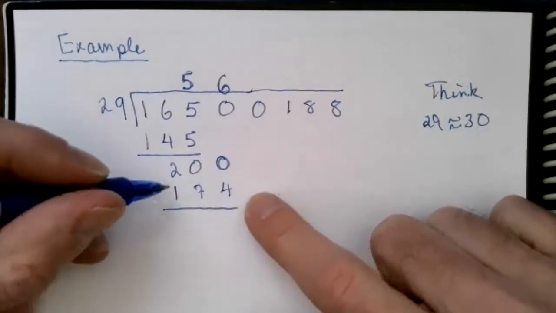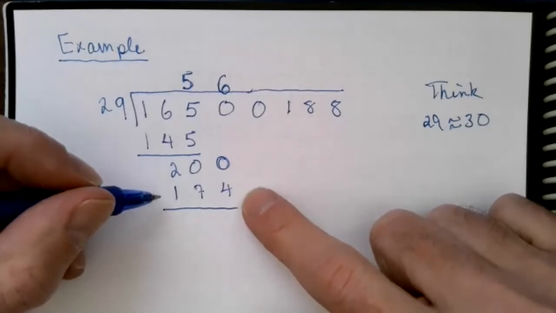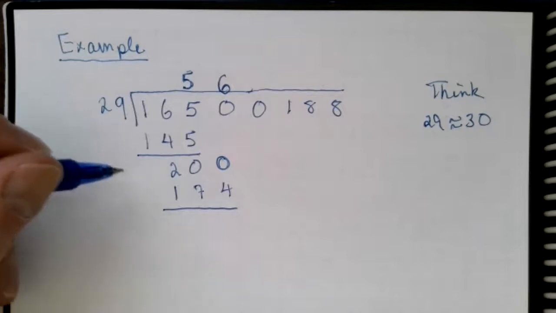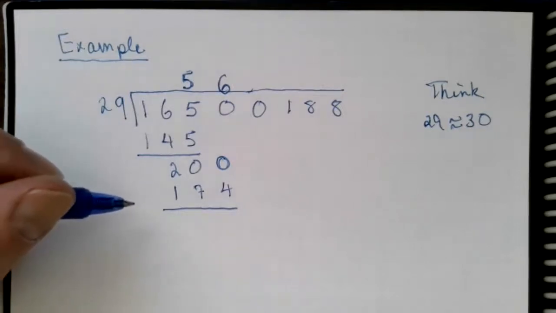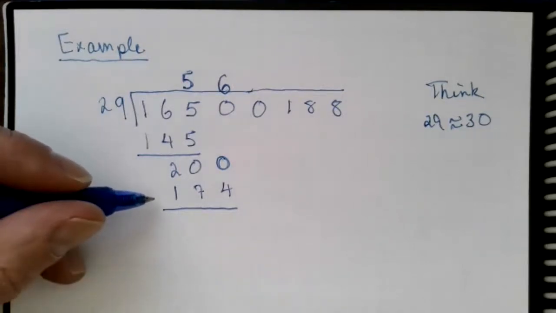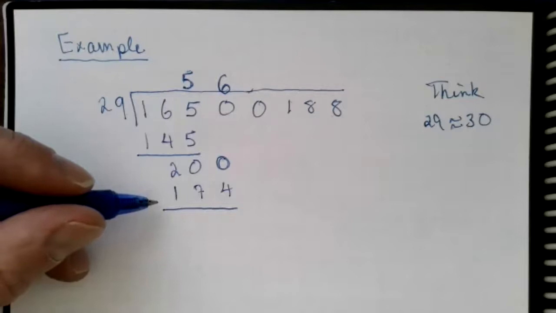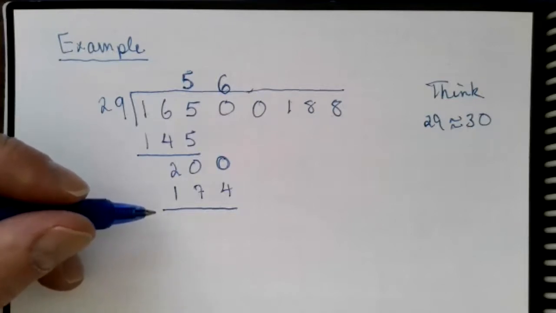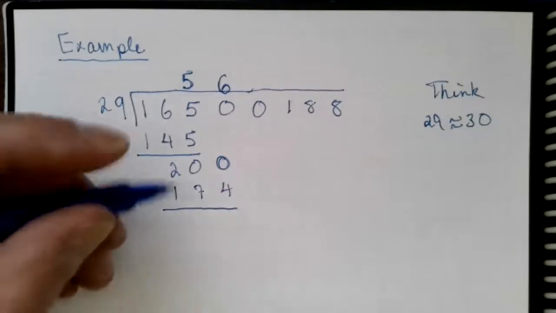Tasha, why would I have 174 here rather than 180? How do I get the 174? 29 times 6. The way I was doing it, I took 30 times 6, 180, and then took away a 6 from that, backed off 6.